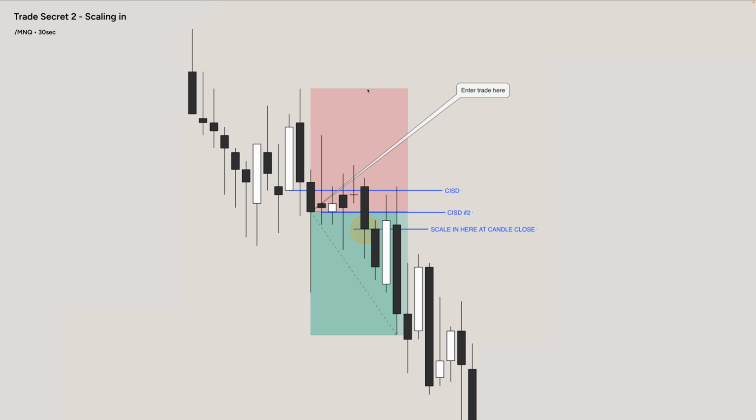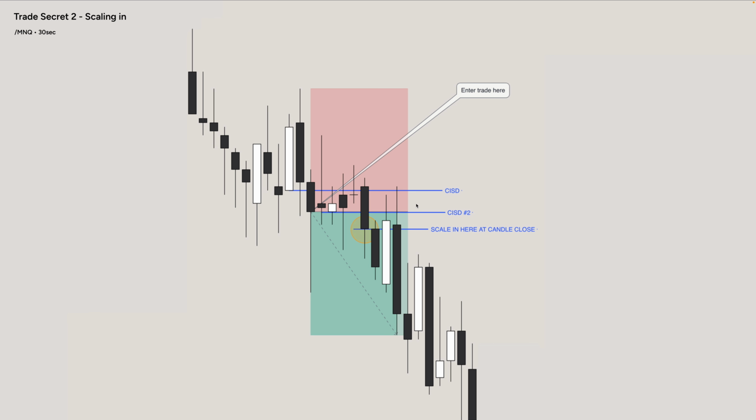Because if I do not move my stop loss, now I'm risking $140 on this trade because I just scaled in extra contracts. But by moving my stop loss down to just above this swing high, I've now managed my risk, and my risk is now again down to around $100, which is great.